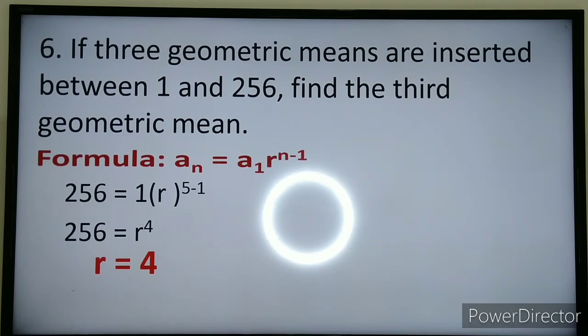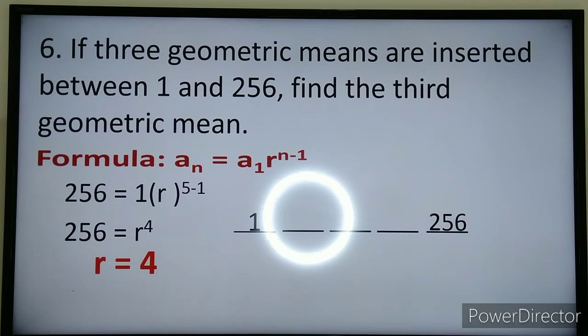Then once you have the value of r, all you have to do is use multiplication. So from the first term, multiply. We have the first term 1, blank, blank, blank, and 256. Starting from 1, you have the value of r, which is the common ratio, so use multiplication.